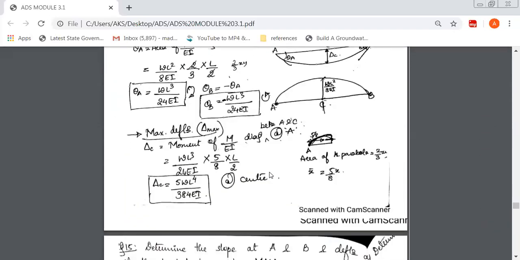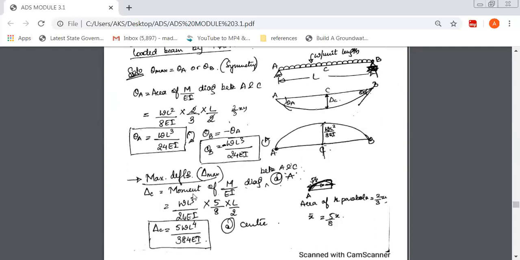This is the area which we've already found out, and the CG here is 5 by 8 times X, where X is only this distance, L by 2. When you solve this, you'll get delta C as 5 by 384 WL raised to 4 over EI. This is at the center. So maximum deflection is at the center, and maximum rotation is at the support.